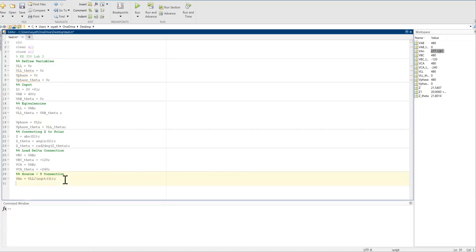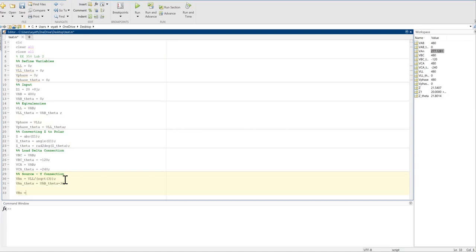Next, we're going to do VAN theta. So we're finding the angle of our VAN, and it's VAB theta minus 30 degrees. So it's going to be subtracted by 30 degrees. Then we're going to do VBN.